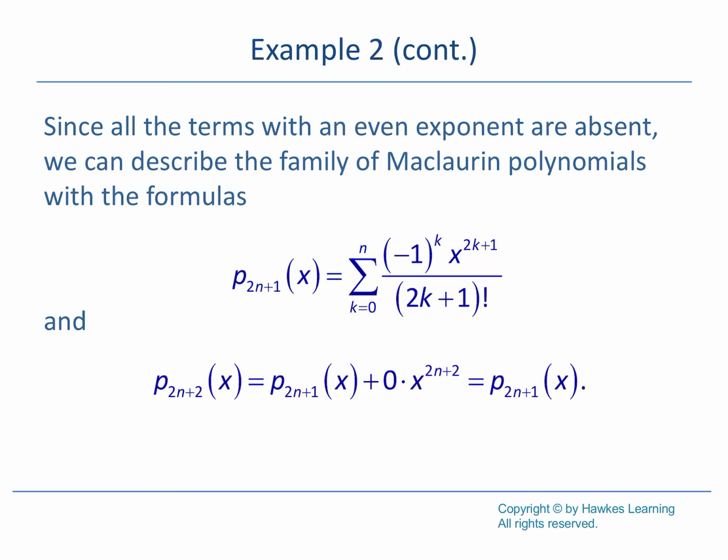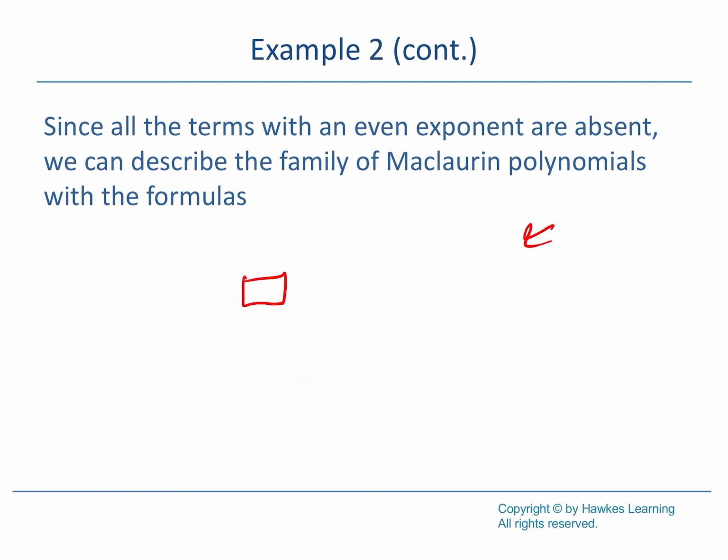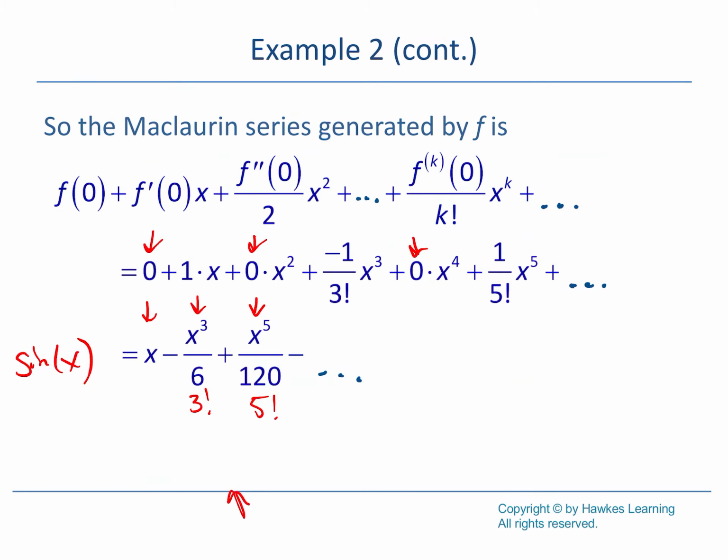This is harder than what it looks. What it's saying is that polynomials of odd order all look like this, where you've got a bunch of odd numbers, odd degrees here in the Taylor polynomial.